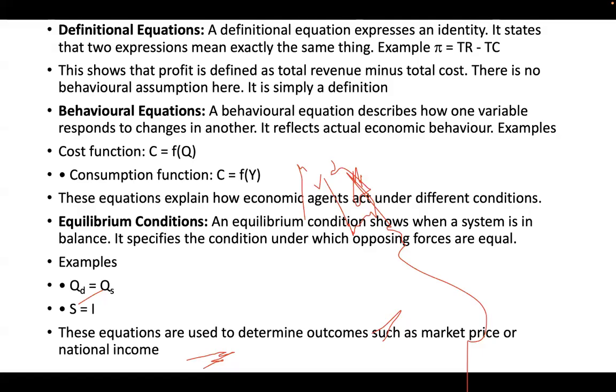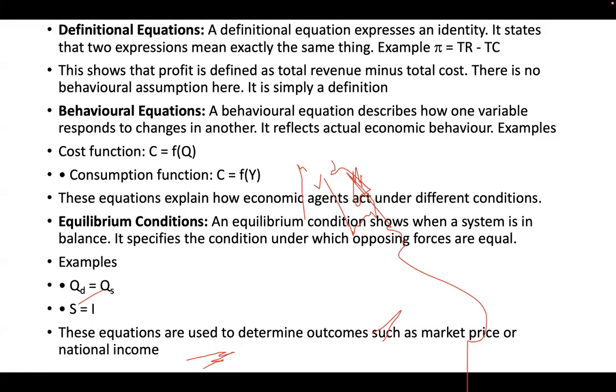What about the other factors affecting the cost? So there's some behavioral assumption attached. Also, consumption is a function of income. Your consumption level depends on your income. So this is a function that explains how economic agents act under different conditions.